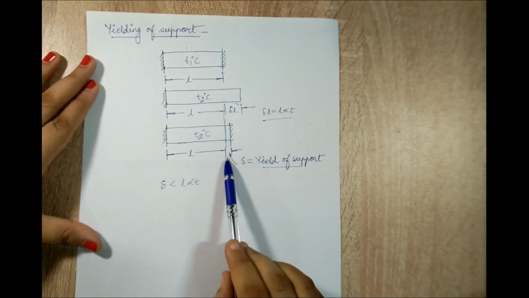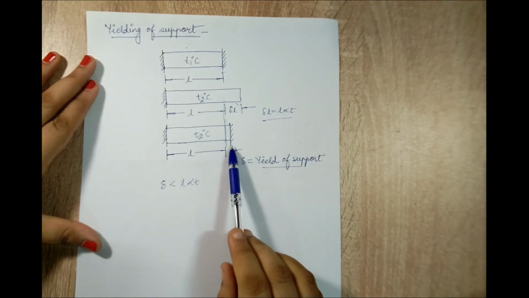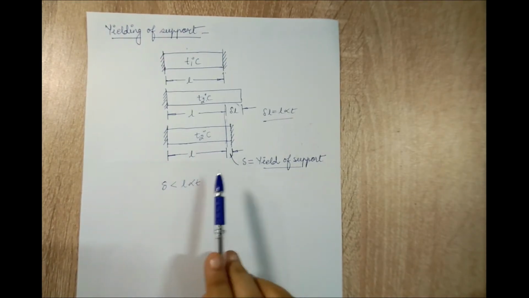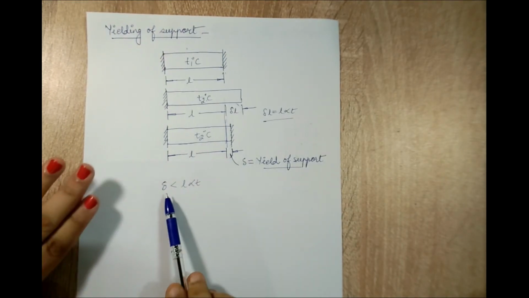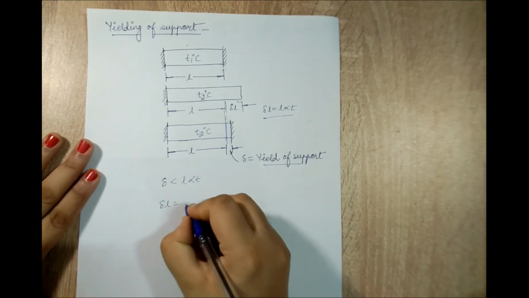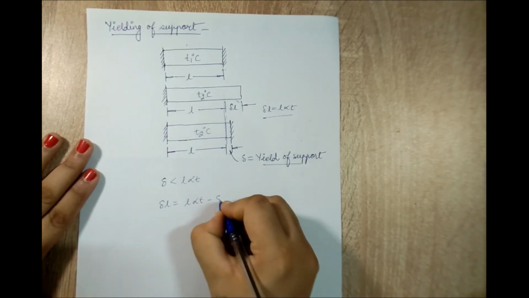But assuming that there is a very small amount of yield which happens in the support because it is a little weak at that end, or maybe the expansion is too much for the support to resist, so there is a small yield, then the formula will change to delta L equals L alpha T minus del.